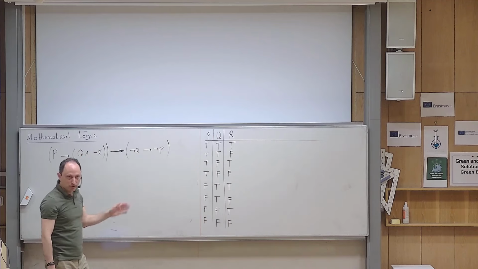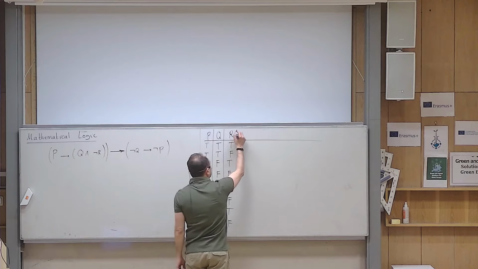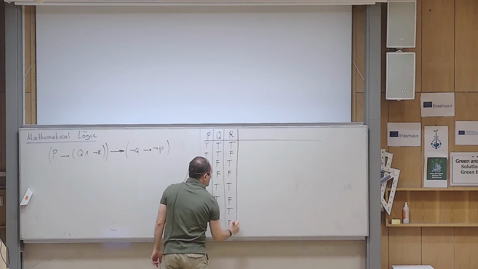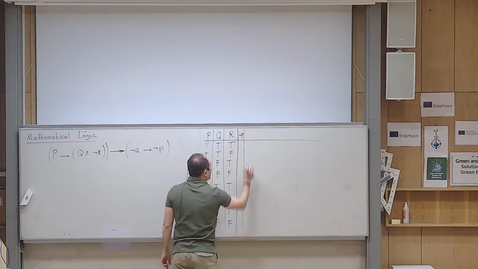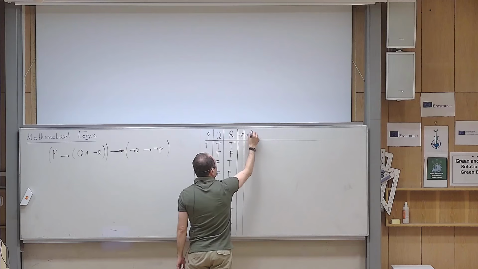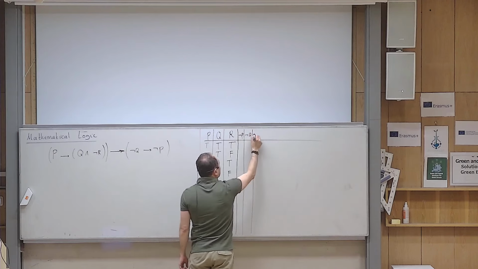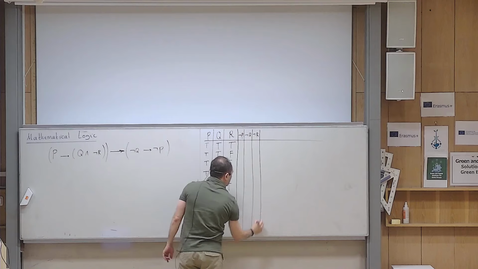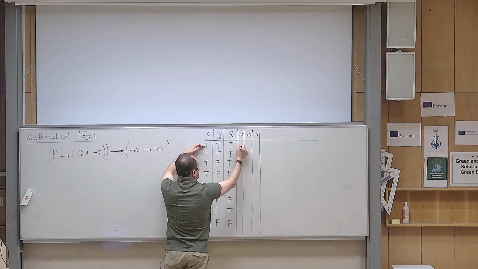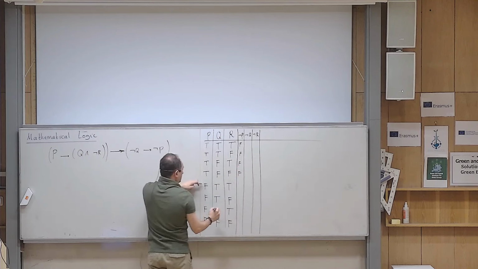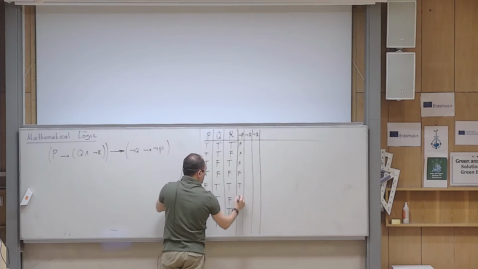So let us construct it. There is no order involved, so you can do whatever you want to. Okay, so let us do it. Not P: 4 T's becomes 4 F's, and then 4 F's becomes 4 T's.